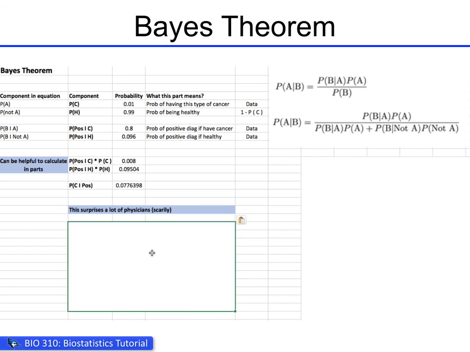What this probability, C given positive, is telling us is the probability that a woman, given that she has been diagnosed with cancer, will actually have cancer. So we can see that at 0.08 here, this is about an 8% chance. What this means is that the actual chance of having breast cancer when you have received an initial diagnosis from a mammogram is actually quite low, only about 8%.